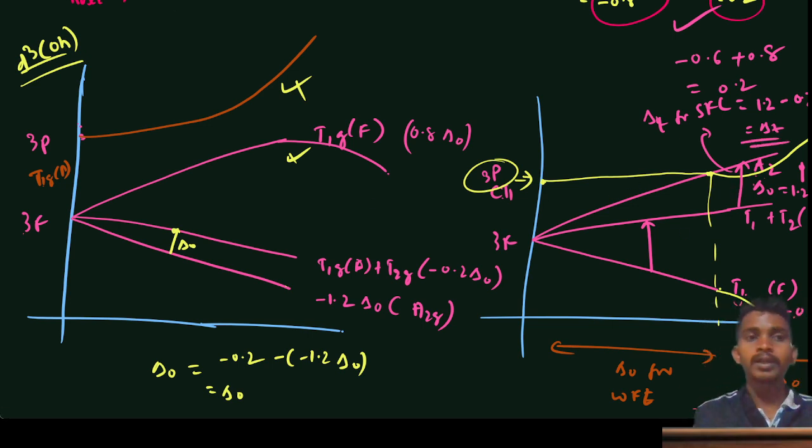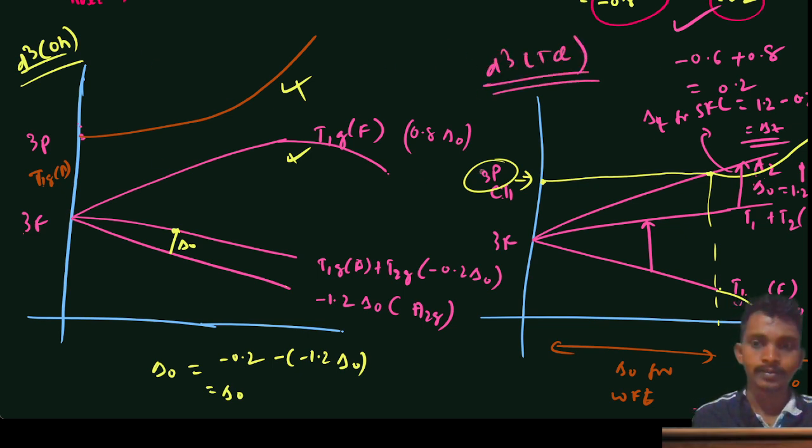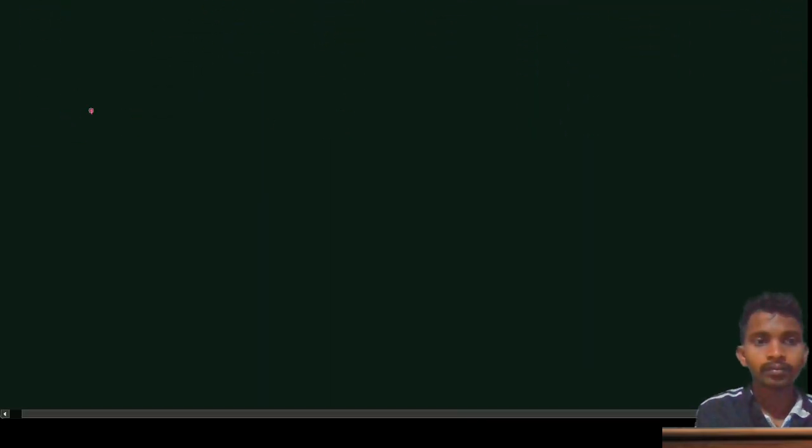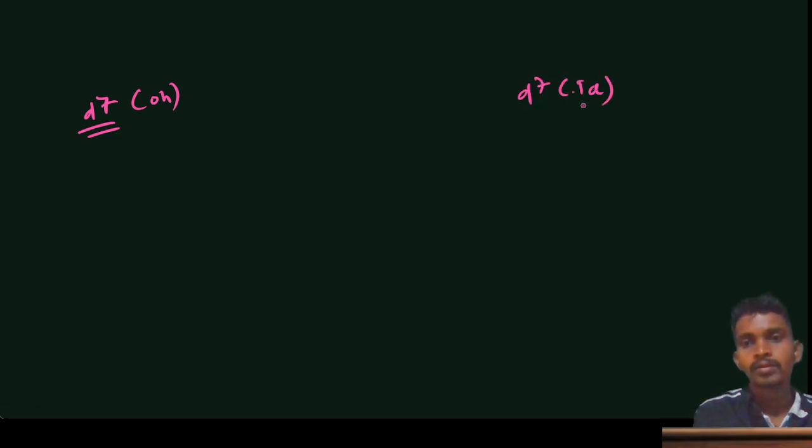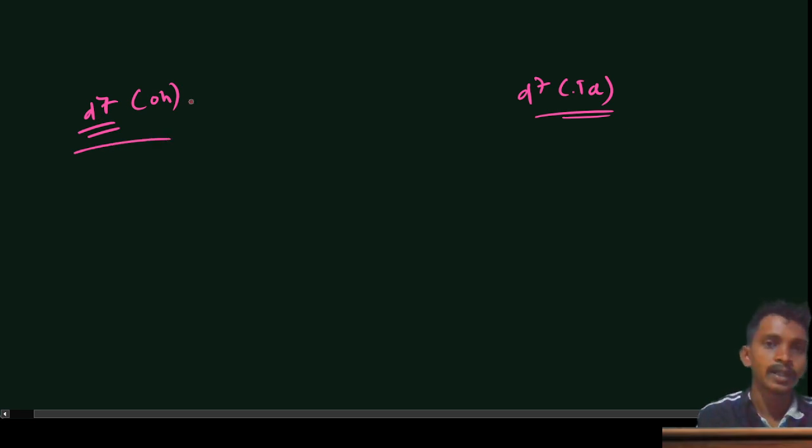Similarly with D3 octahedral, and this is for D3 tetrahedral. These are the Orgel diagrams. Similarly, we are left with D7 octahedral and D7 tetrahedral. In the same way we will calculate it.